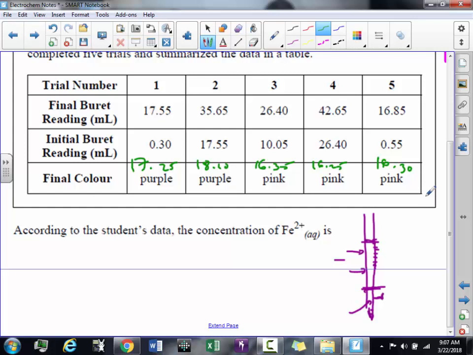Does that make sense to everybody, how I subtracted those values? I want to talk about color change later. But if you guys can just go with it, I mean, clearly the only 3 trials that were consistent in both the color change and in the volume amount are these last 3. So I need to average these last 3, but you can probably do that in your head, right? 16.35, 16.25, and 16.30 are just going to average to give you 16.30 milliliters.